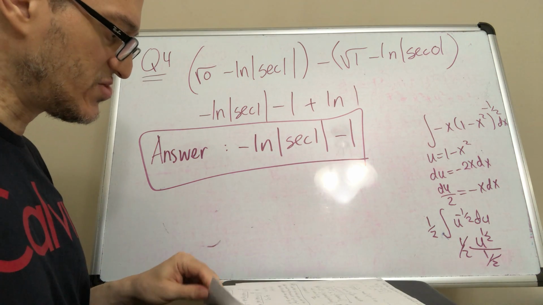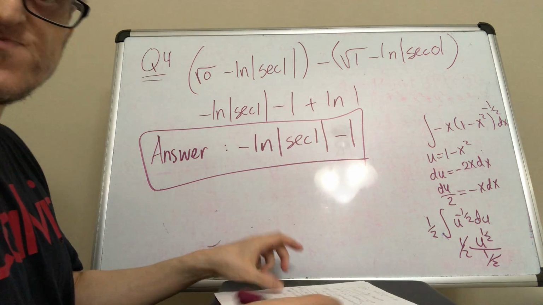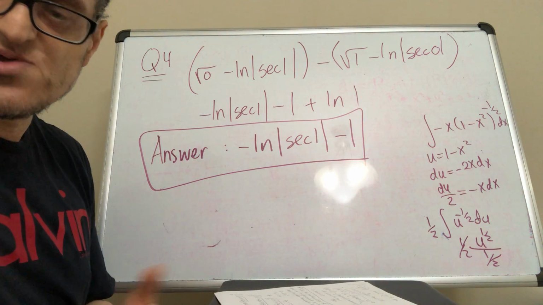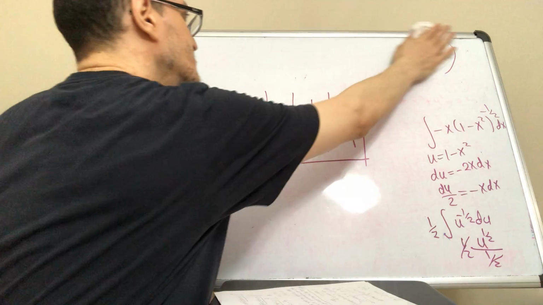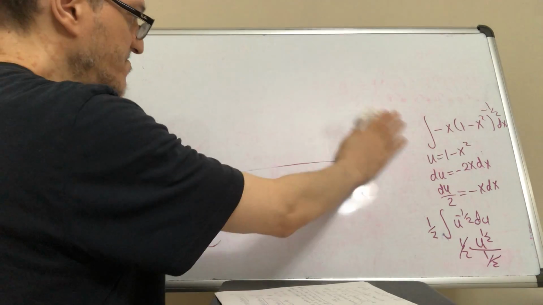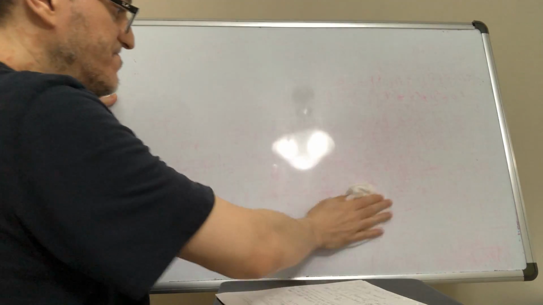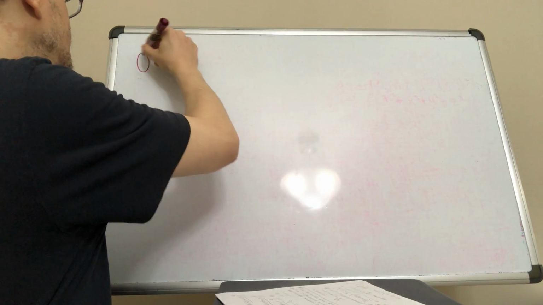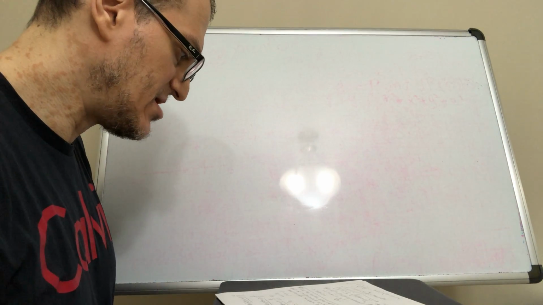There is one more question for finding surface area, question 5. I'll do it here. I don't think we need to do it in a different part. So question 5. Find the surface area.